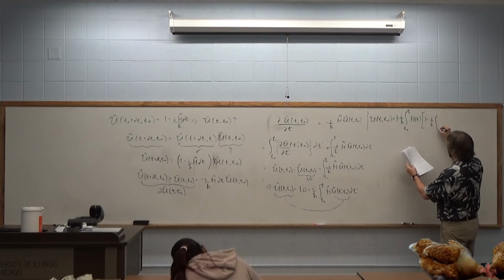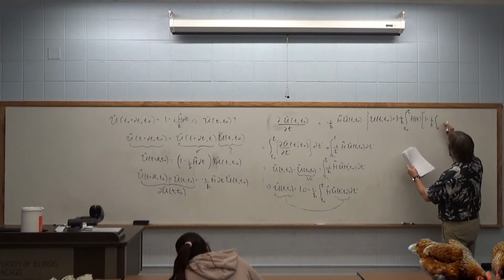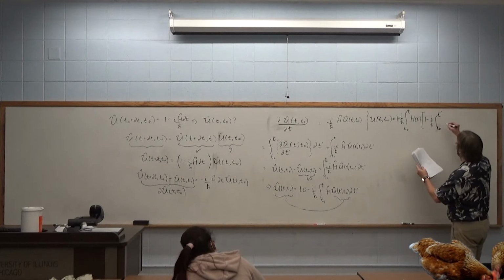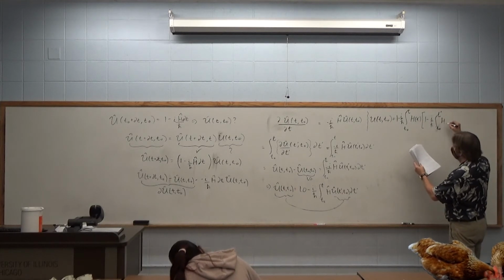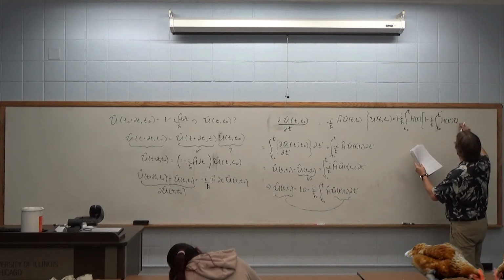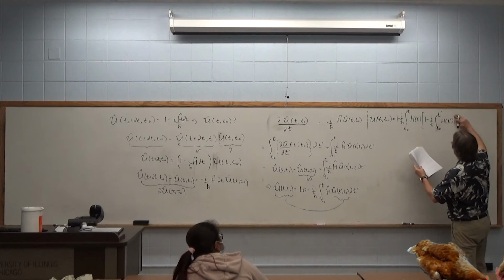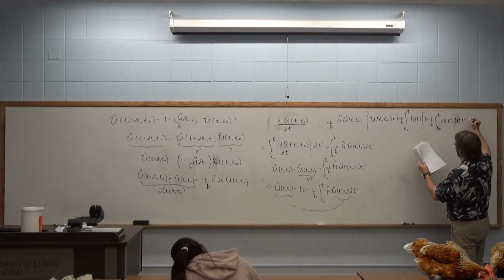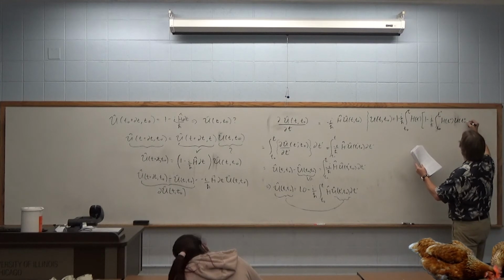And in here, it will go to t. t naught will always be on the bottom. t prime will be the top. And we're going to have to integrate it. It will have a different placekeeper, so that'll be double dash.